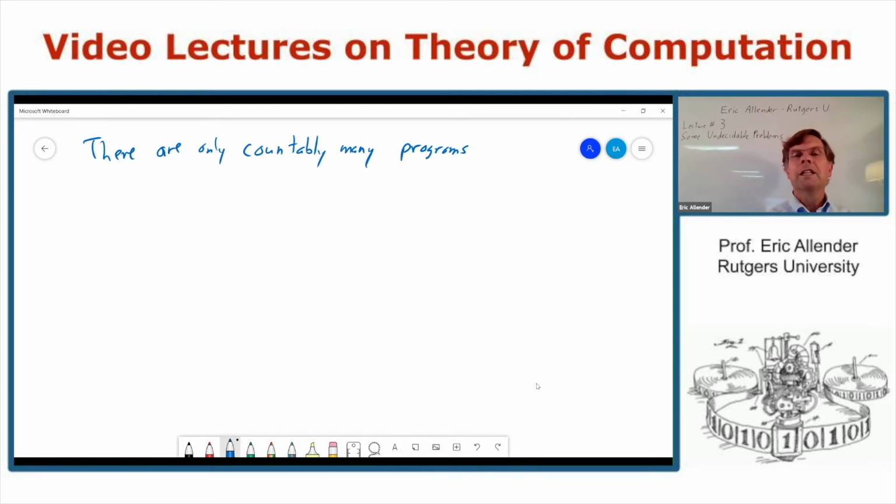A program is just something you can write down. So it's an element of sigma star, and sigma star is a countable set. And so this is also certainly true for Turing machines.